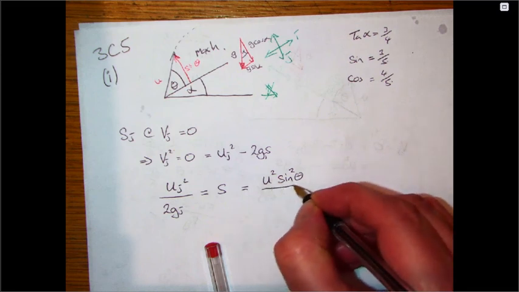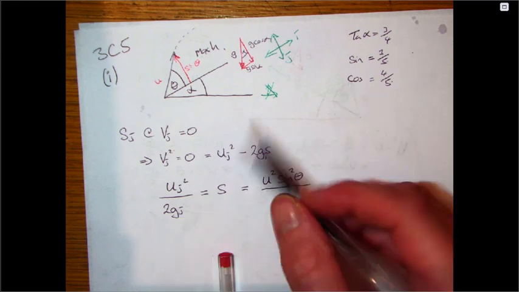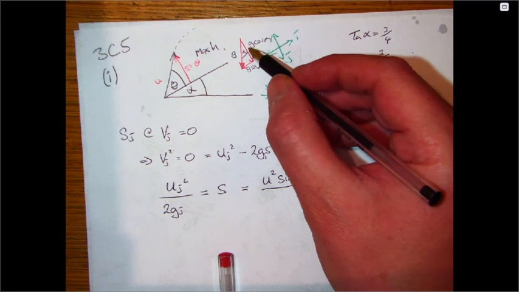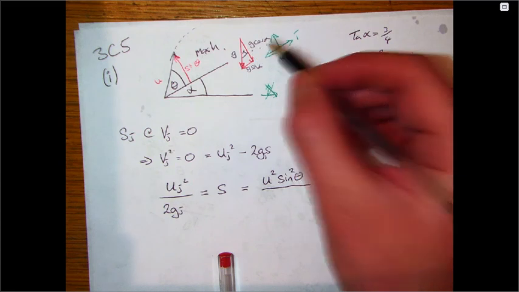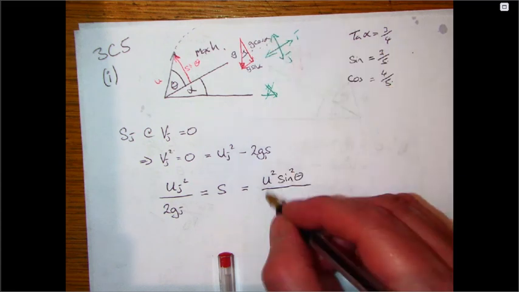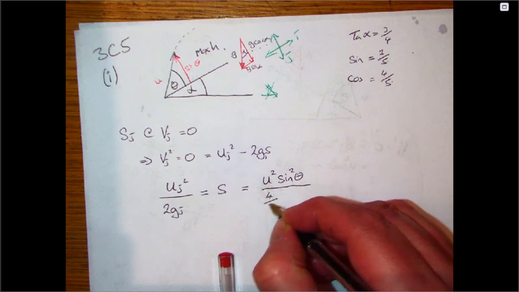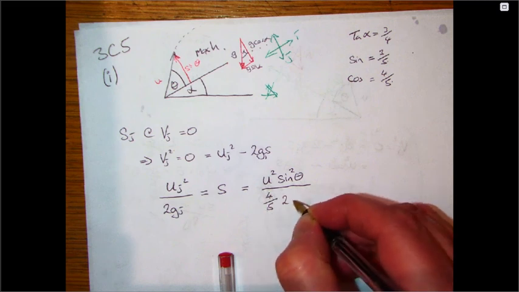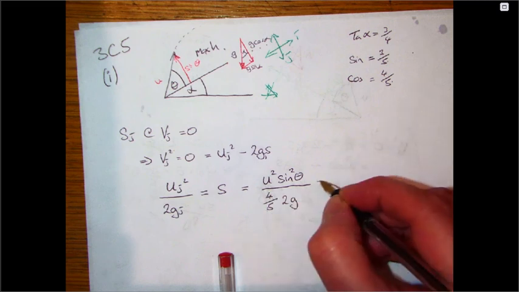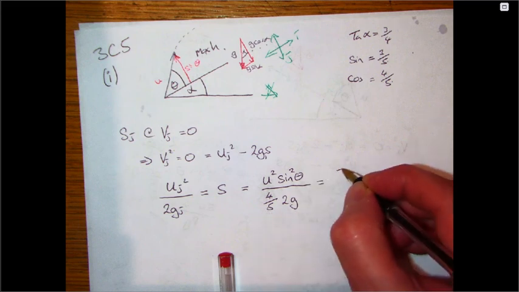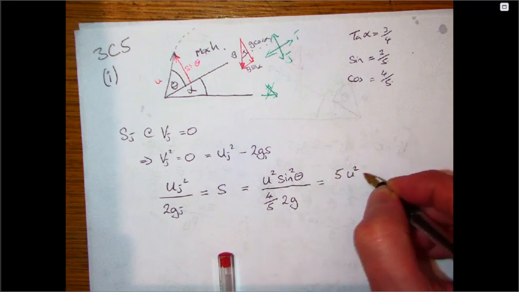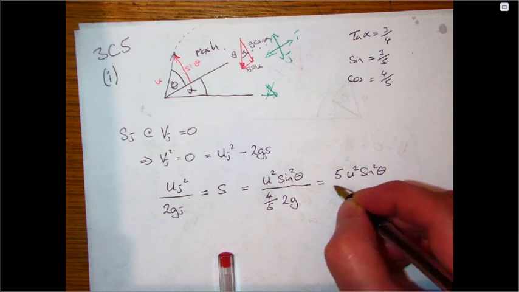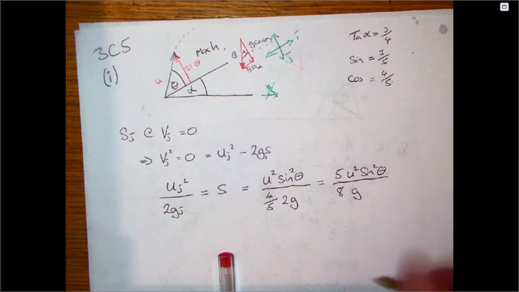And then what's g of j? g of j is this, g cos alpha. Cos alpha is 4/5, so we have 4 over 5 times 2 times g. Okay, and divide by that side, it ends up with 5 u squared sine squared theta all over 8g. And that is the right answer.